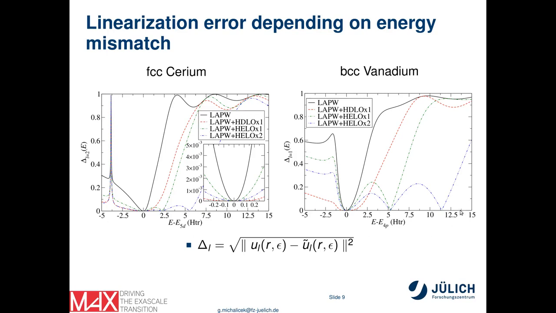But in our BCC vanadium example on the right-hand side, we have a similar situation. Here I show you the states relative to our 4p energy parameter. And here we have this 3p state that we just saw in the last slide. You see that there is some finite representation of the state.